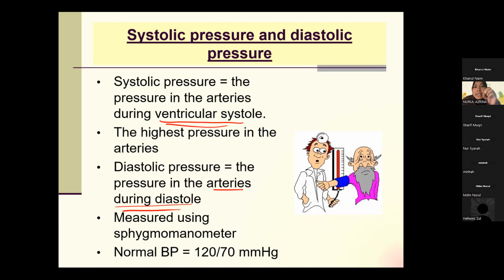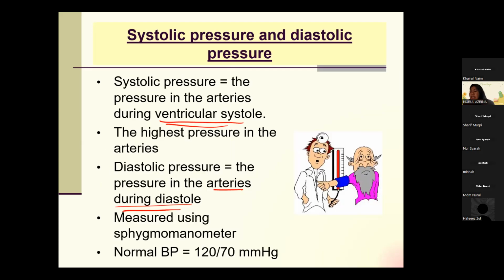Lama kelamaan perasan tak, cuff tu akan jadi sedikit macam dia kembang. So actually it causes your blood vessel to be dilated. Then you are going to measure the blood pressure during vasodilation. So this is what I call as diastolic pressure. Normal BP is 120 and 70 mmHg. Systolic 120, diastolic 70.